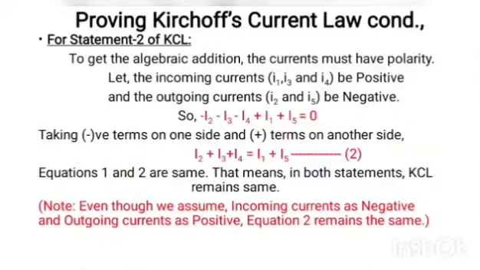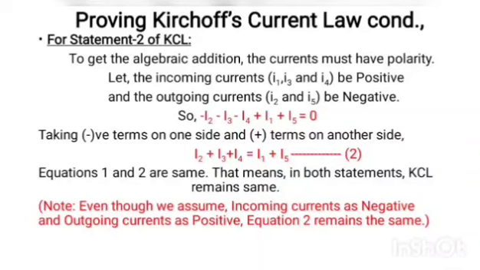To prove statement 2, what is statement 2? Sum of all the algebraic currents connected to the node is equal to 0. While doing the sum, we need to assign positive and negative signs.